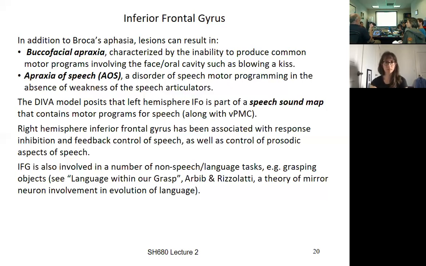But people, including Arbib and Rizzolatti's lab in Italy, which originally identified mirror neurons and has studied them the most over time, have a few papers suggesting a link between that grasping system and the evolution of language.